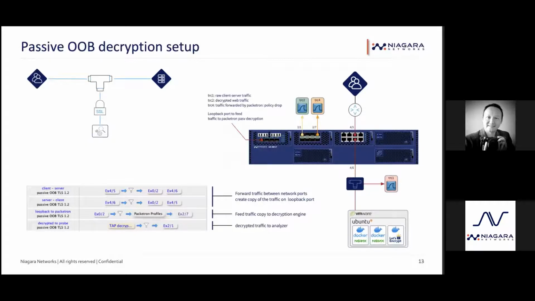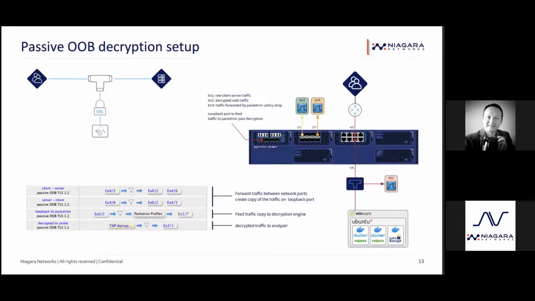So first, there is the passive out-of-band decryption setup. You'll probably recognize on the left side the drawing of the clients on one side, the server on the other side, having a passive tap in the middle, which sends the traffic to the SSL engine, and the decrypted traffic goes to an inspection tool.